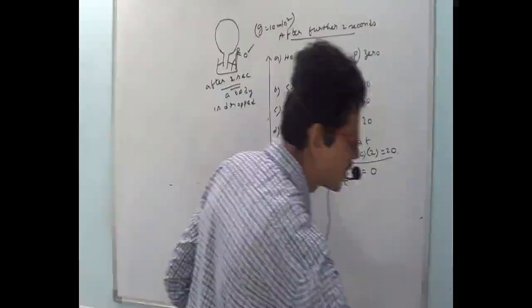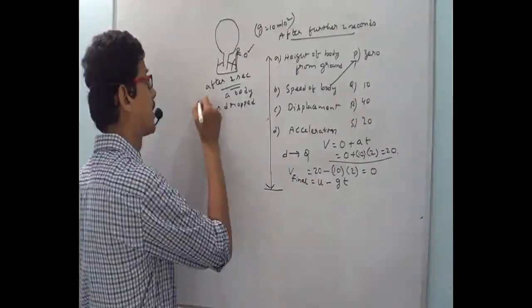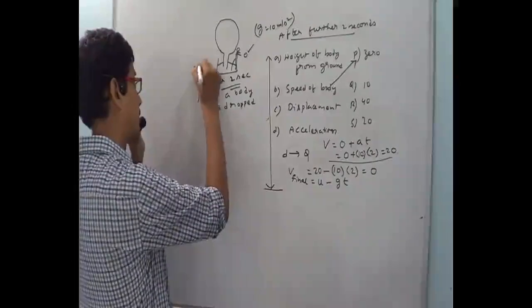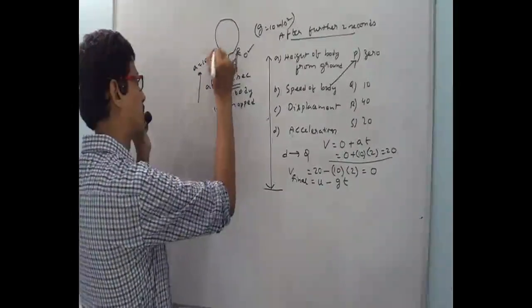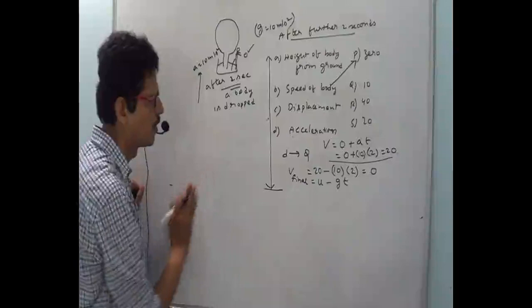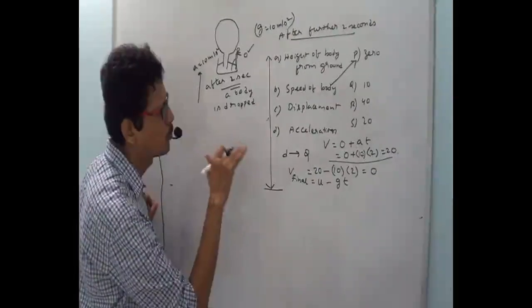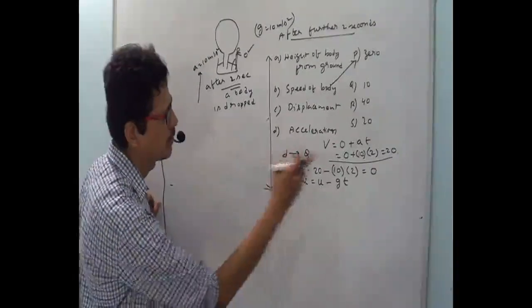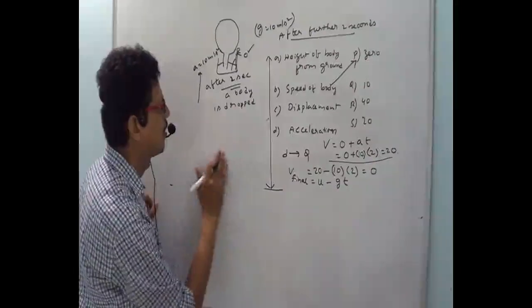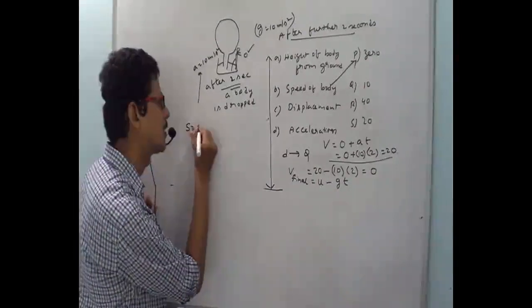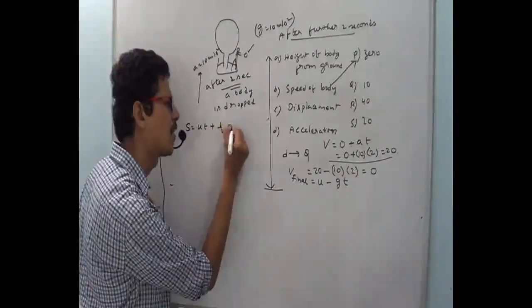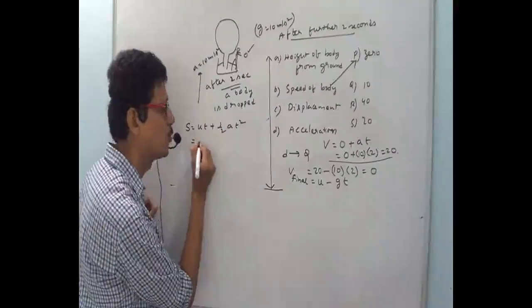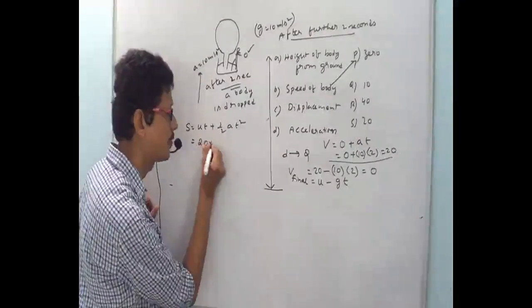Displacement is, with what acceleration is the balloon going up? 10 meter per second square, no? And what is the speed of the balloon after 2 seconds? 20. Now S is equal to ut plus half at square. U is how much? 20.